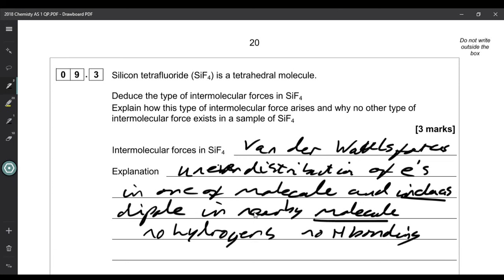Okay, so only less than 5% of students got full marks for this. Most students realised that it was van der Waals, but very few were able to describe how those forces arose or why there weren't any other forces present.